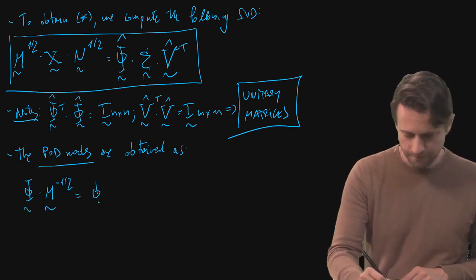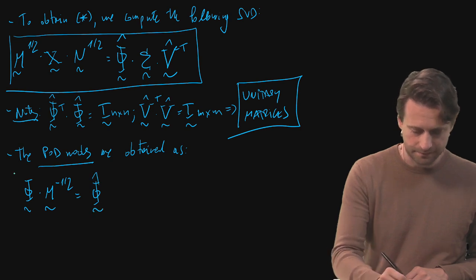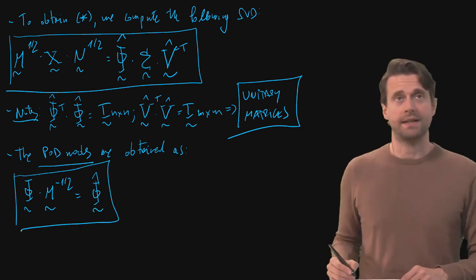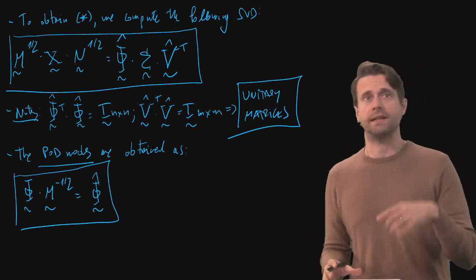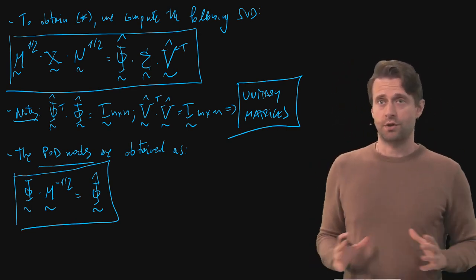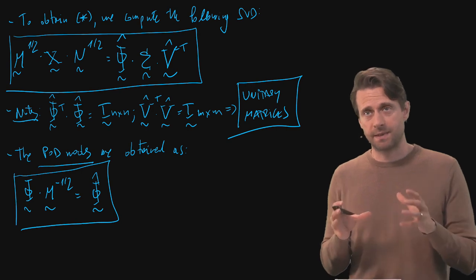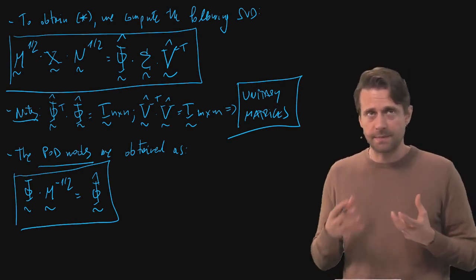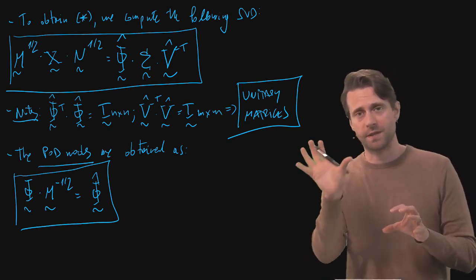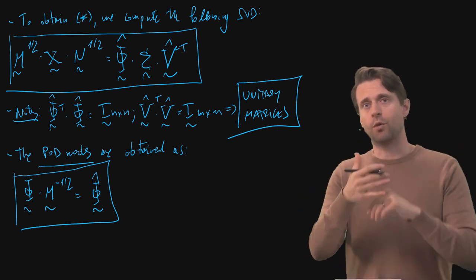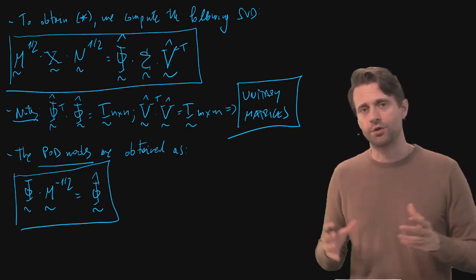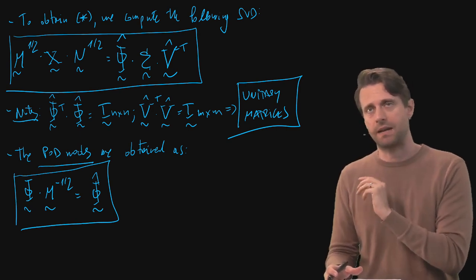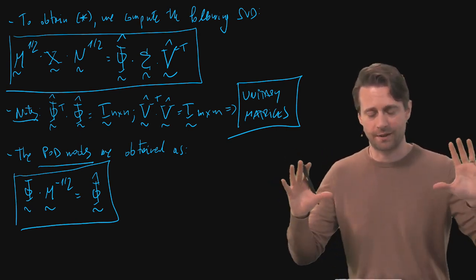So I can just take the phi hat that we know and undo the scaling that we did with the mass matrix. In a way, we're just applying the SVD on the data matrix, scaling with a non-uniform space and a non-uniform time to go back to the proper phi matrix, the proper POD modes. What you do is undo the scaling, and then you're already there.